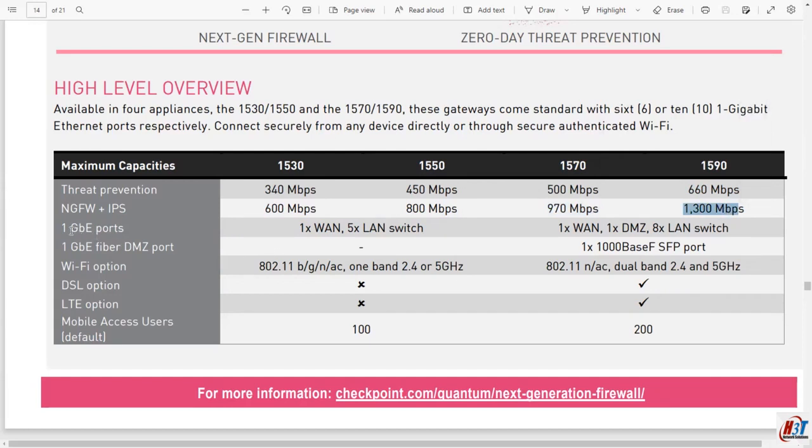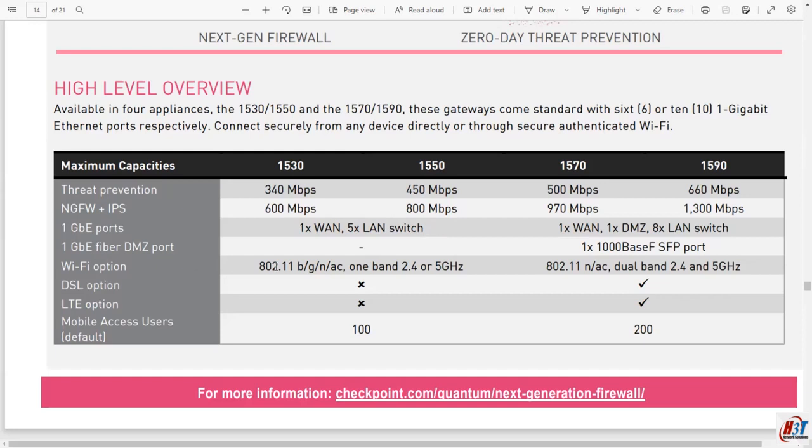The ports that you get, 1 GB Ethernet ports, you're getting one WAN on 1530 and 1550, and 5 LAN ports, which is the LAN switch on these two, 1530 and 1550. On the 1570 and 1590, you have one WAN, one DMZ, and 8x LAN switch, and for the DMZ you get one 1000BASE SFP port for the 1570 and the 1590, whereas you don't get the ports on the 1530 and 1550 for DMZ.